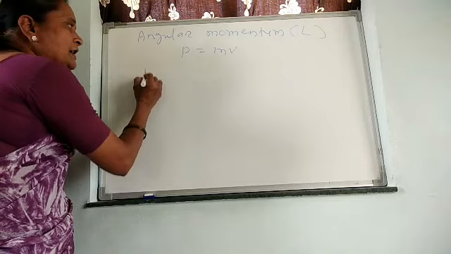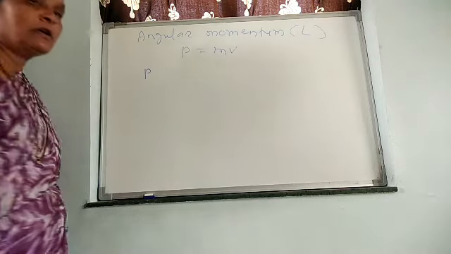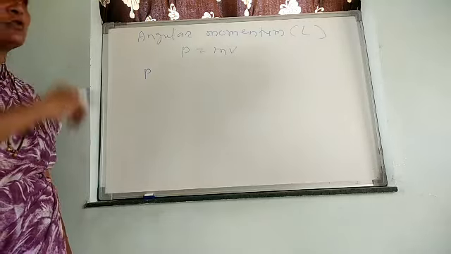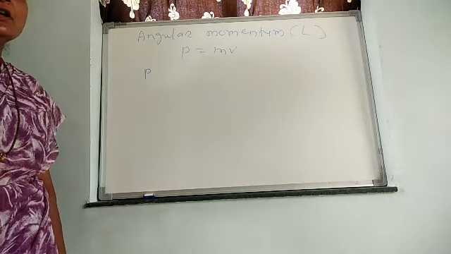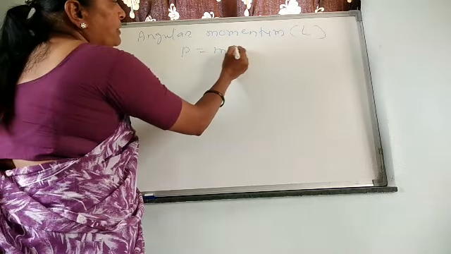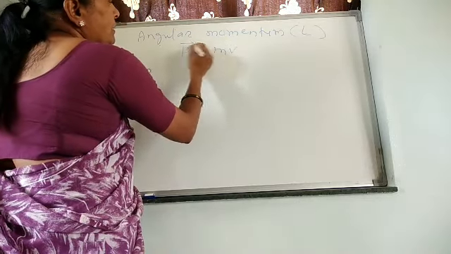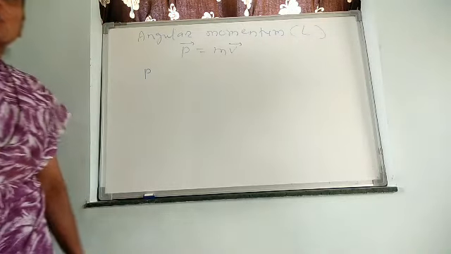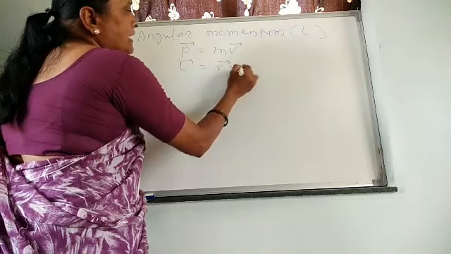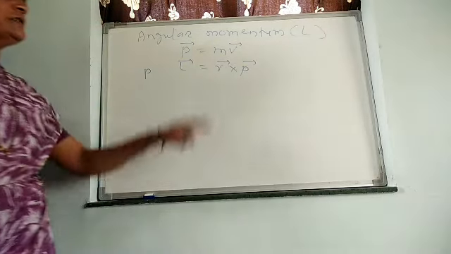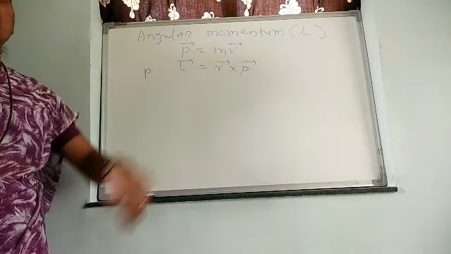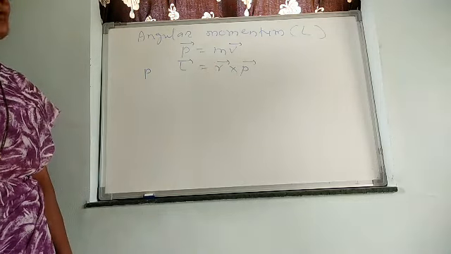Angular momentum is the moment of linear momentum, similar to torque. If P be the linear momentum of the body performing a circular motion, then, as you have seen, in vector form P is equal to m into v. Angular momentum L is equal to r cross P. That is, angular momentum is the product of linear momentum and the perpendicular distance from the axis of rotation.